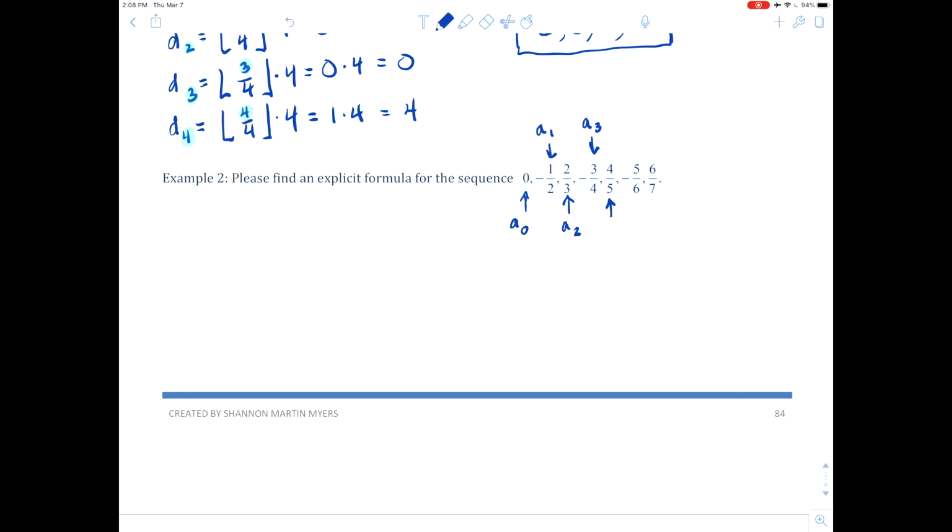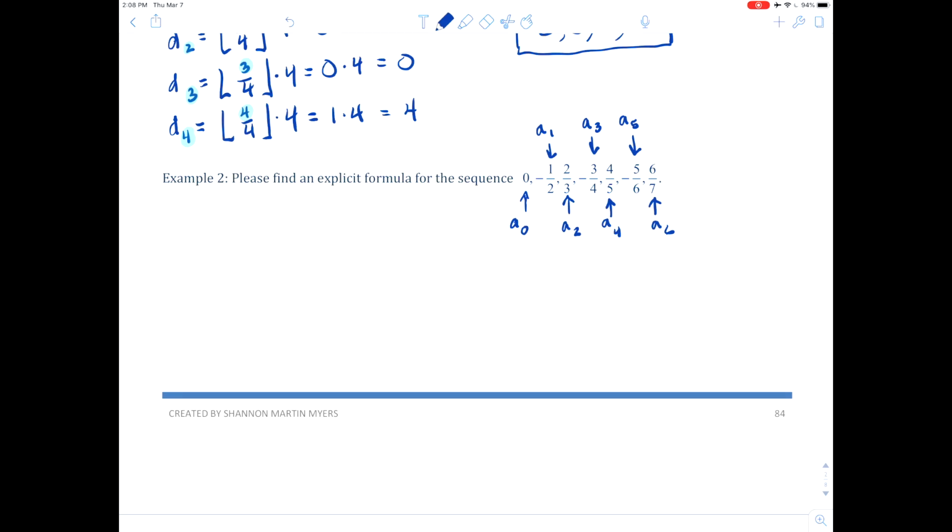So in math, we call that an alternating sequence. So this last one I'm working on so far is A4. The next one, negative 5/6, would be A5. And then 6/7 would be the output associated for our k equal to 6, right? So A6.